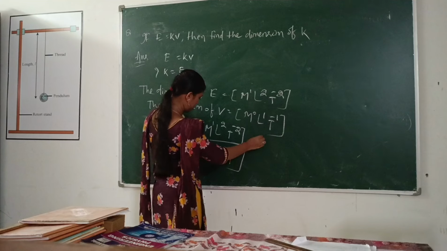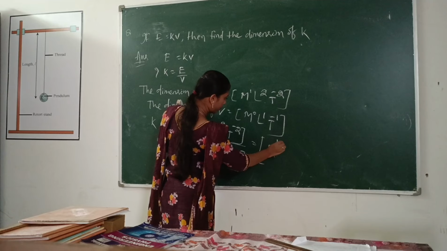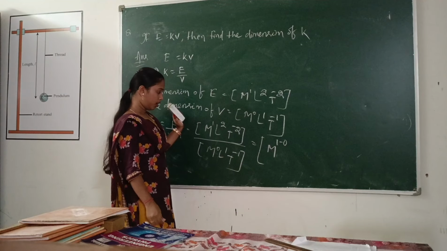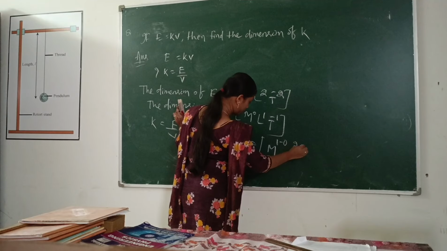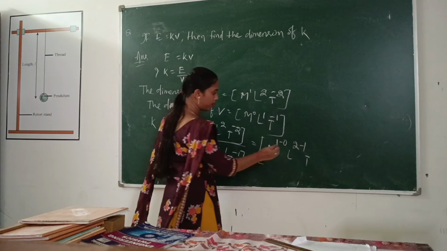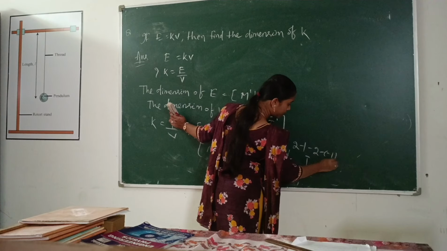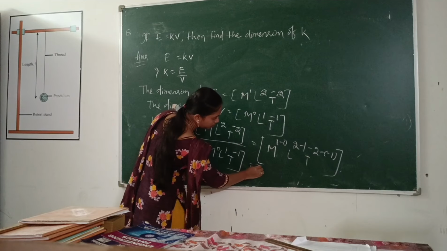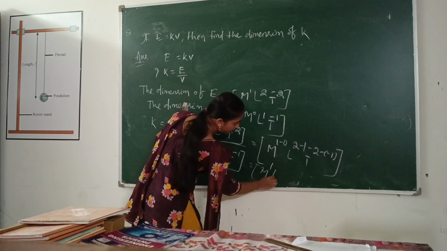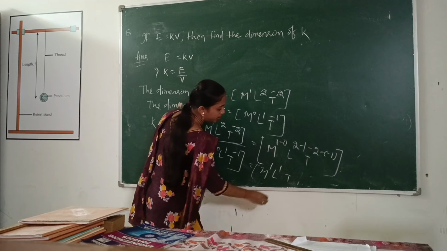So here is m to the power 1 minus 0, l to the power 2 minus 1, and t to the power minus 2 minus of minus 1. So the final expression is m to the power 1, l to the power 1, t to the power minus 1.